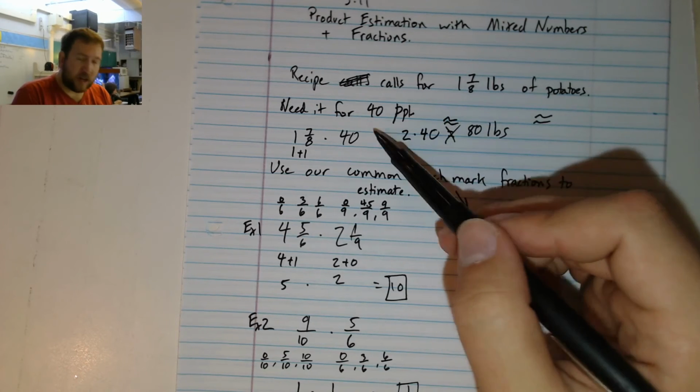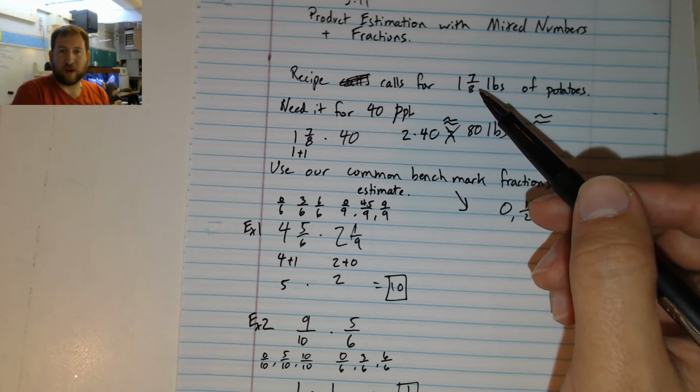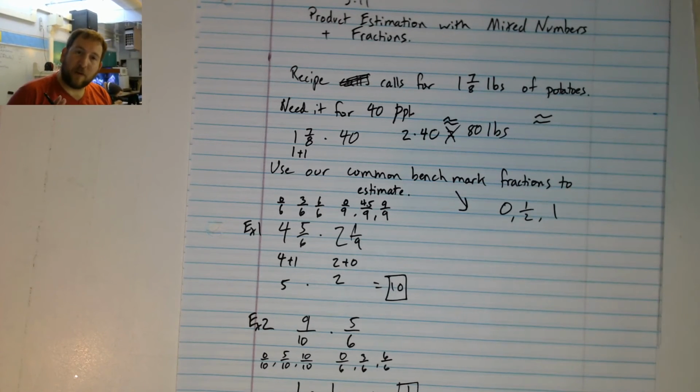And for things like cooking like this, approximation is great, because we'll never have exactly 1 7/8 pounds in every helping. Whereas if we're working on the Mars lander and we're making sure it lands on a planet, that is something that we would not want to round on, because those are much more specific.